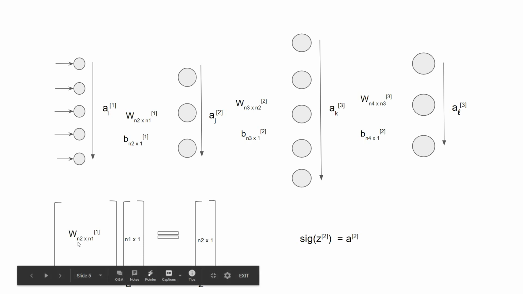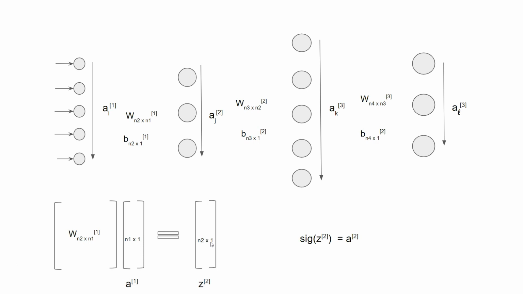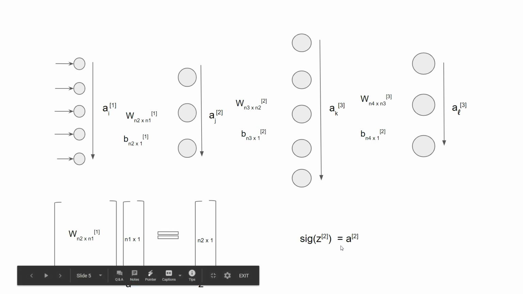Here w1 is of n2 cross n1 and a1 is of n1 cross 1, so if we multiply the matrices we get n2 cross 1, that is z2 of the second layer, and we get a2 as sigmoid of z2. Here the sigmoid of z2 means we are applying the sigmoid function on each element of the vector, and we are getting the new vector as a2.